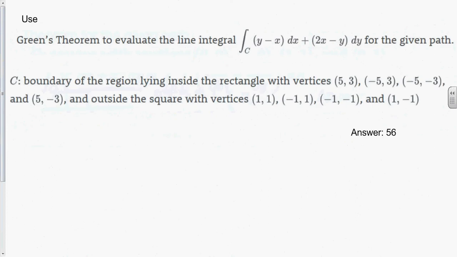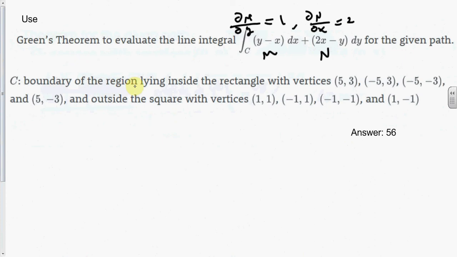So let's look at this guy. Here I need the partial of m with respect to y. This is m again. This is n. So the partial of m with respect to y is 1. The partial of n with respect to x is 2.